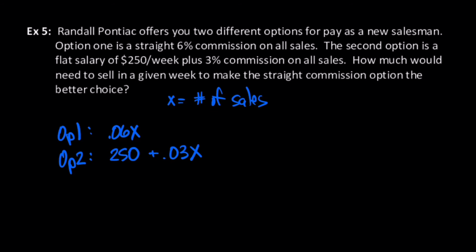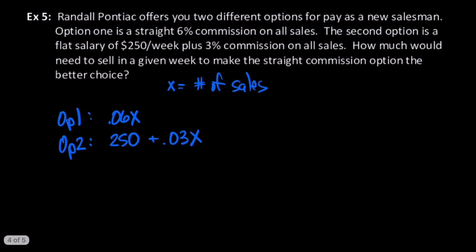How much would you need to sell in a given week to make the straight commission option the better choice? So you want this to be the better choice, or this to be more money than that. So it's actually an inequality. 0.06x is greater than 250 plus 0.03x.